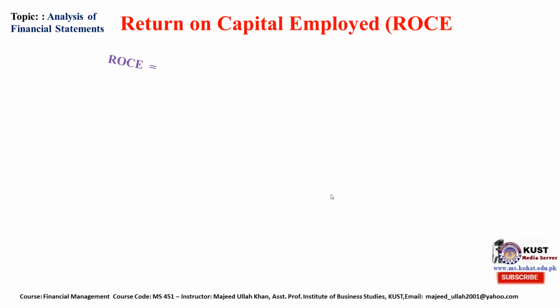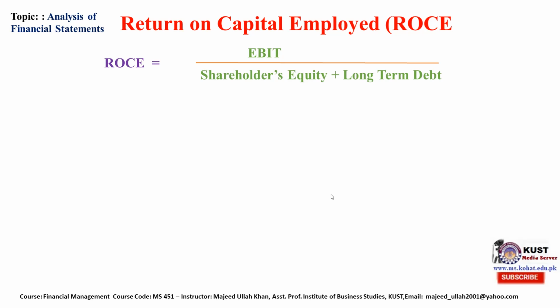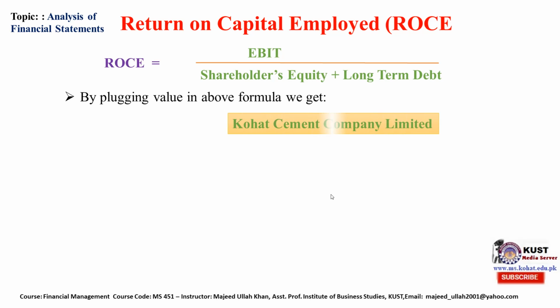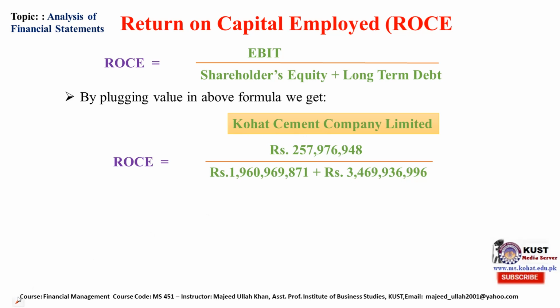Return on capital employed, ROCE, is equal to earning before interest and tax, which is available to both parties, shareholder equity and long-term debt. Plugging the value, we get ROCE, that is earning before interest and tax, which is positive, divided by, now let me explain.